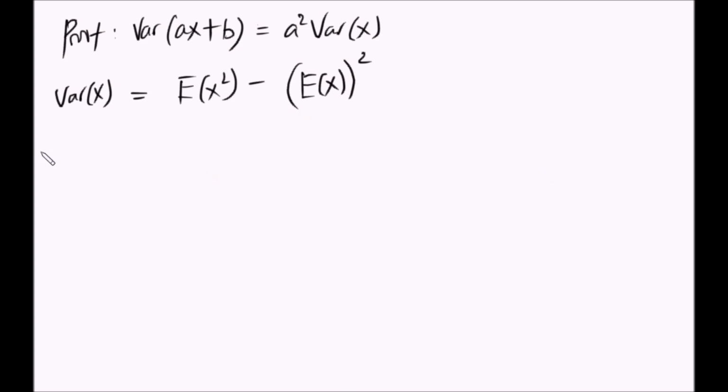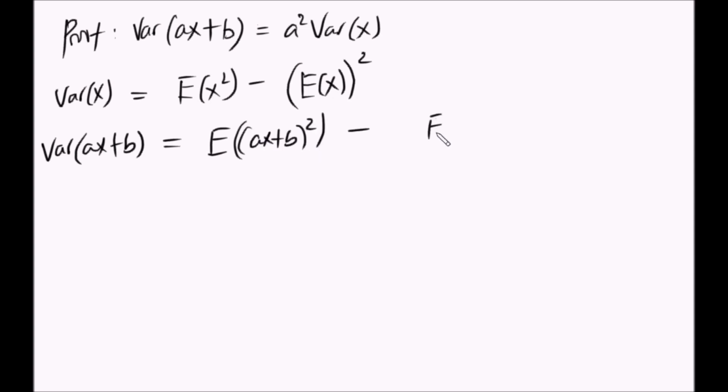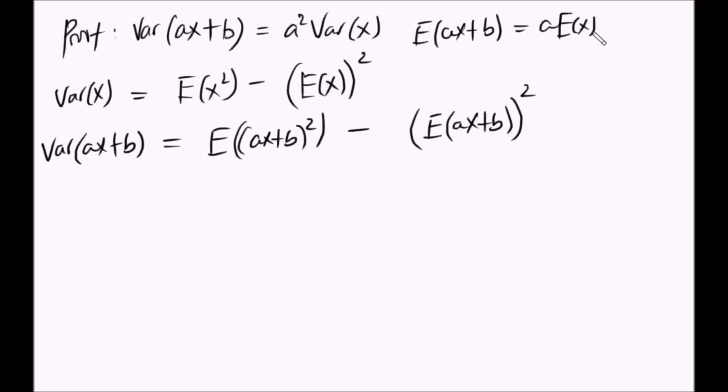Yeah, so variance sasa ya ax plus b manake itakuwa sawa na expectation. So kwenye x hapa tuweke ax plus b ni square sasa minus expectation ya ax plus b yote squared. So in the previous tutorial, property of expected mean tulisema huyu itakuwa sawa na hivi.